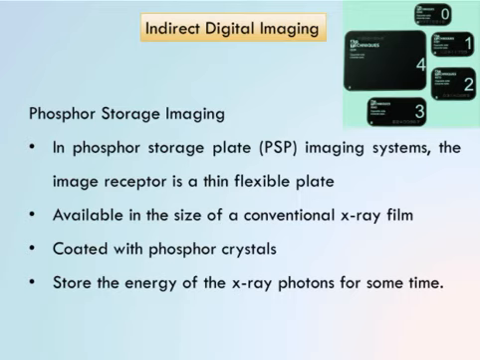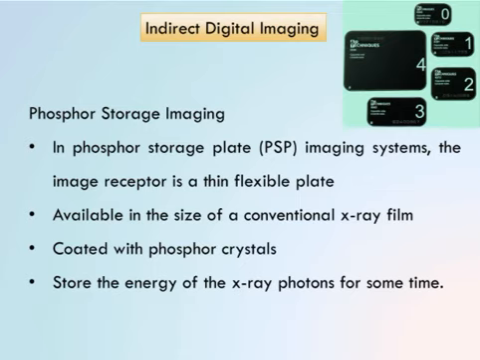So if you see the image shown on the right side up, you can see that it is available in the sizes like your X-ray film itself. You have 0, 1, 2, 3, and 4. So all of them are PSP plates or PSP imaging system. There is no size 4 in a direct imaging system. In PSPs, that is the indirect ones, we have size 4.